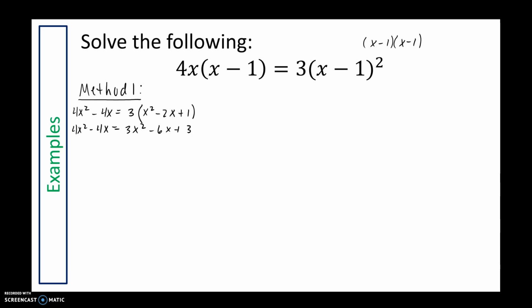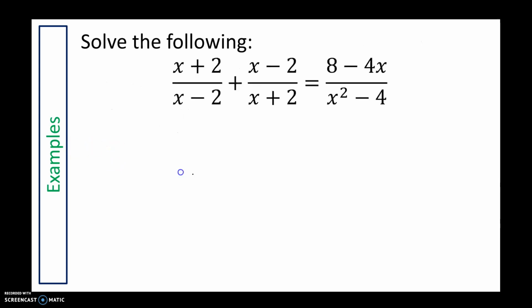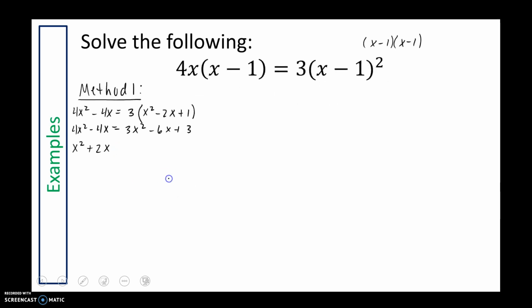So now I'm going to set this equation equal to 0. I'm going to move everything from the right-hand side to the left-hand side. So subtracting 3x squared, adding 6x, and then subtracting 3. So now I have my equation set equal to 0, and now this quadratic sets itself up really nicely to be factored.